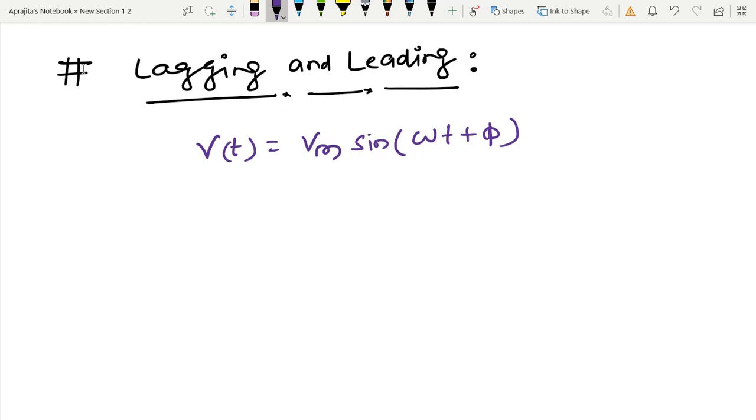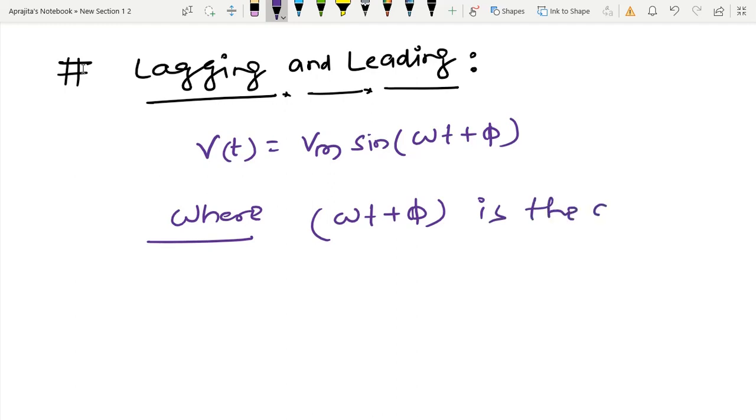You can see that now our argument is omega t plus phi, where omega t plus phi is the argument of the function and phi is the phase.